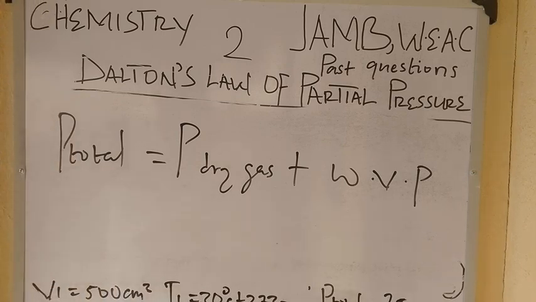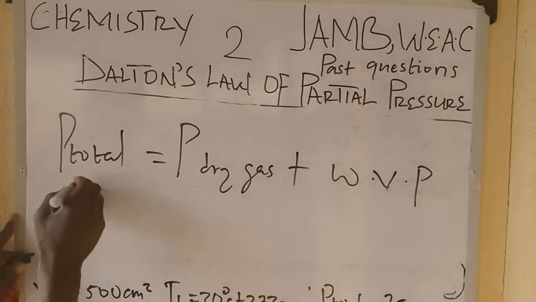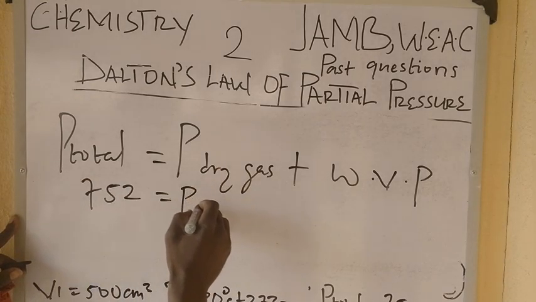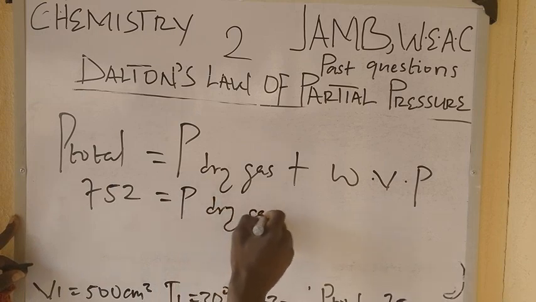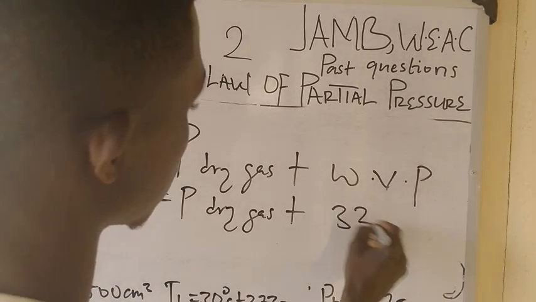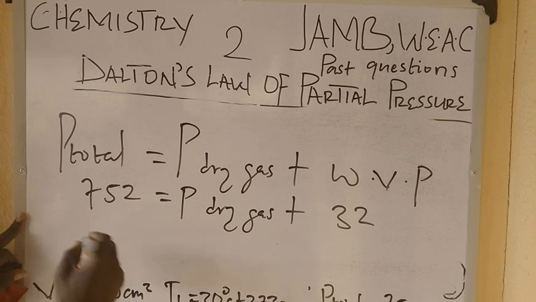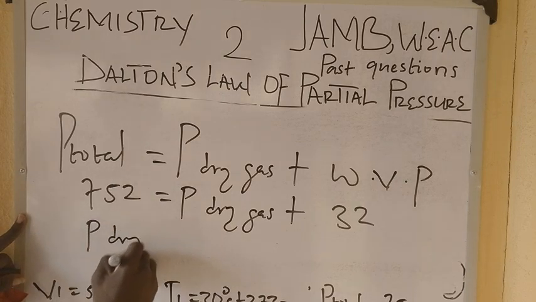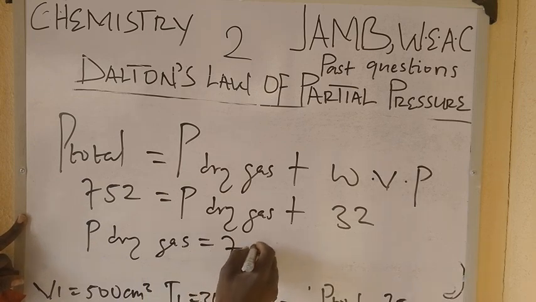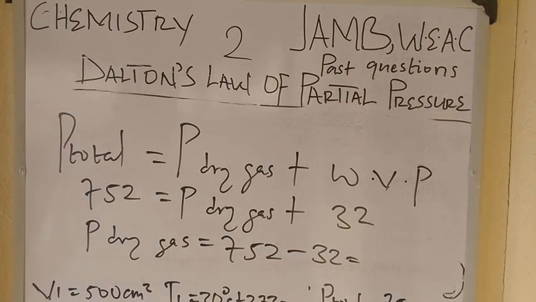Looking at our data, our P total is equal to 752. P dry was not given, that's what we are looking for, plus our water vapor pressure, which is 32. So when you make P dry the subject of the formula, P dry is going to give you 752 minus 32.